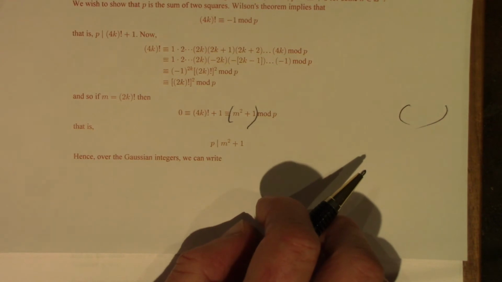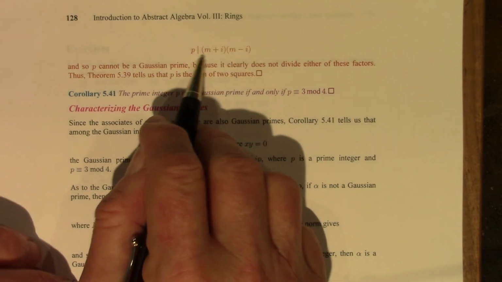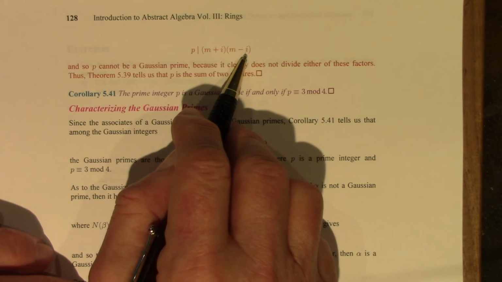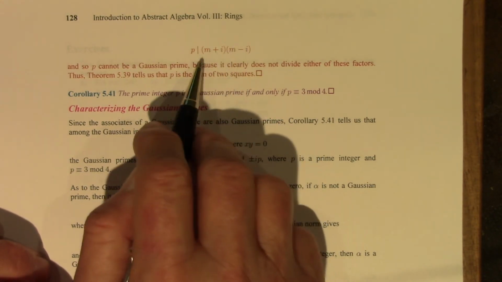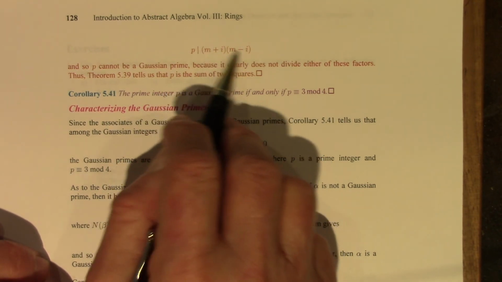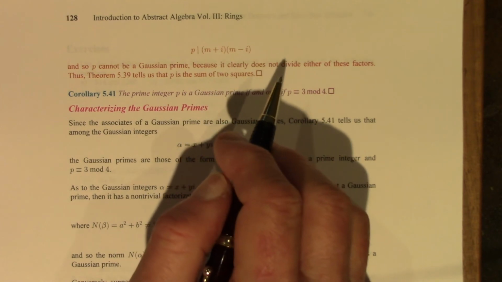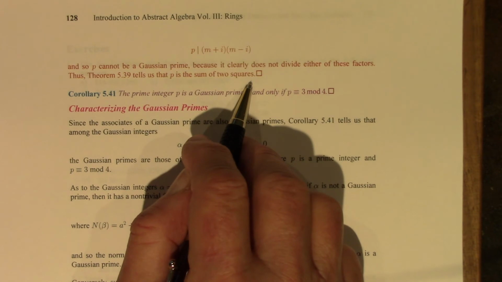Therefore, over the Gaussian integers, we can write p divides (m minus i) times (m plus i). So p cannot be a Gaussian prime because it doesn't divide either of the factors. So p is the sum of 2 squares.